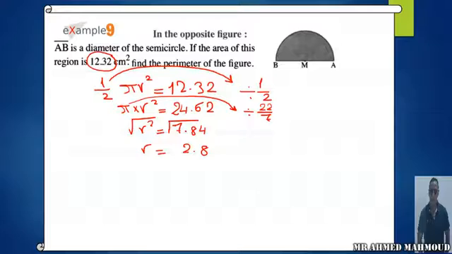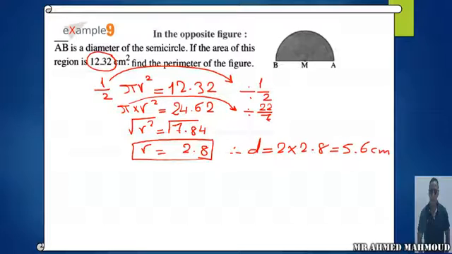Now I found that r equals 2.8. Therefore, d equals 2 times 2.8 equals 5.6 centimeters.